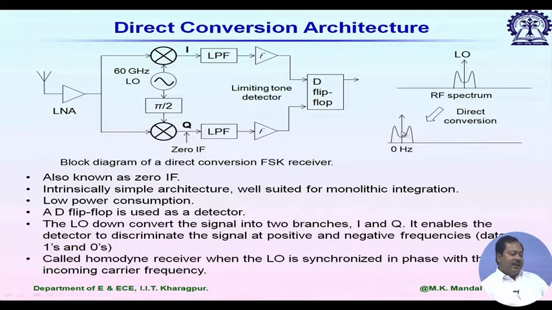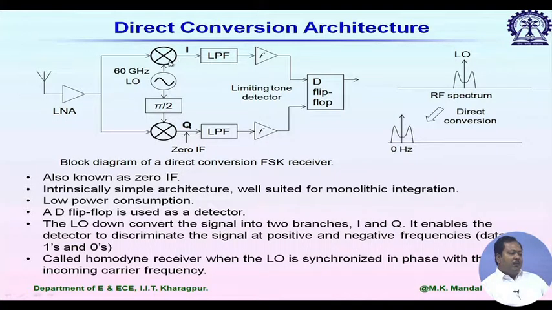So it has some DC component as well, which is a problem in some modulation schemes. Look at the receiver architecture. After the LNA we have two mixers for the I and Q channels, the in phase channel and the quadrature phase channel, and one single LO is being used.